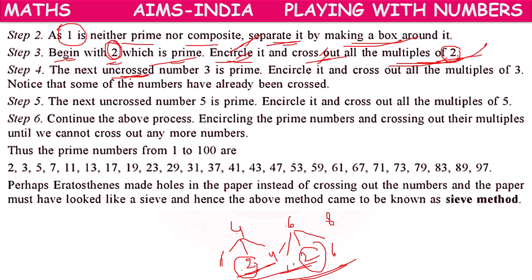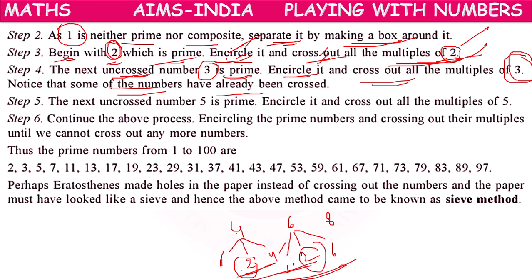Next, we have to uncross the next number 3, which is a prime number, encircle it, and cross out all multiples of 3. Some of them might already be crossed out because of 2. Now we are crossing out multiples of 3.